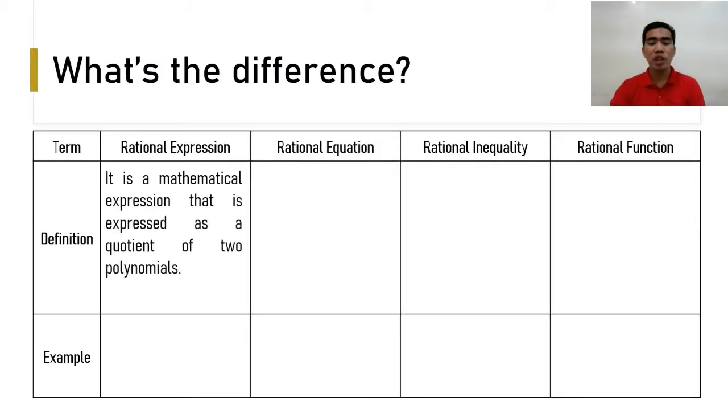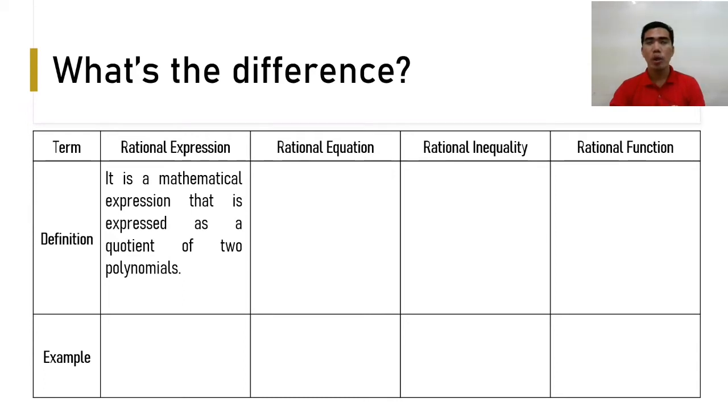When we say rational expression, it is a mathematical expression that is expressed as the quotient of two polynomials. So take note, we are dealing with polynomials. Poly means many, nomials means terms.